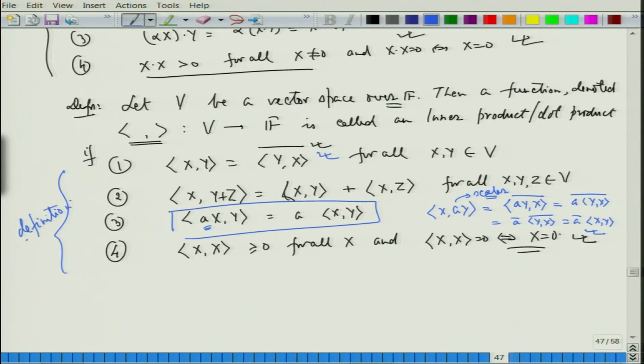Let me give some examples first, and then go into it. First example, our dot product itself. So in Cn, I take x and y belonging to Cn. I define x comma y as y star x.